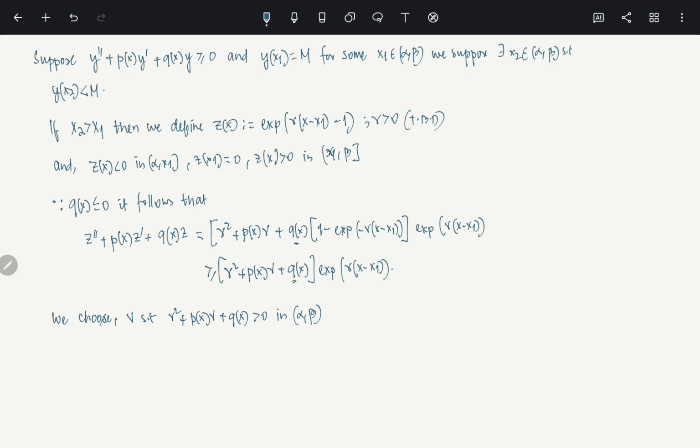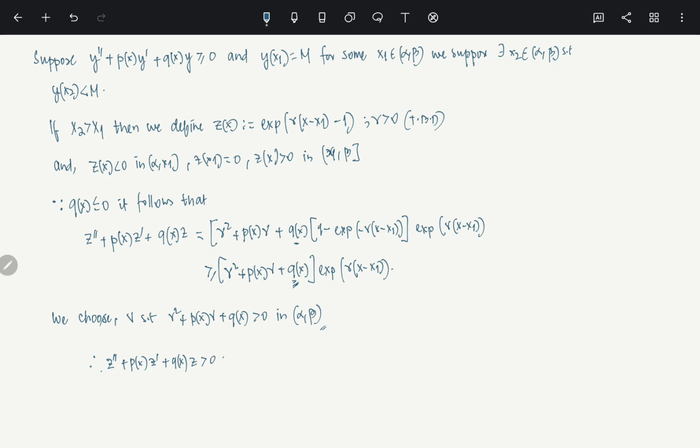Gamma is nothing special, it is some given function, so we can choose gamma such that this is strictly positive. Then this is strictly positive times an exponential, which is also strictly positive. So therefore, z double prime plus p z prime plus q z will be strictly positive. Yes, we can do that.